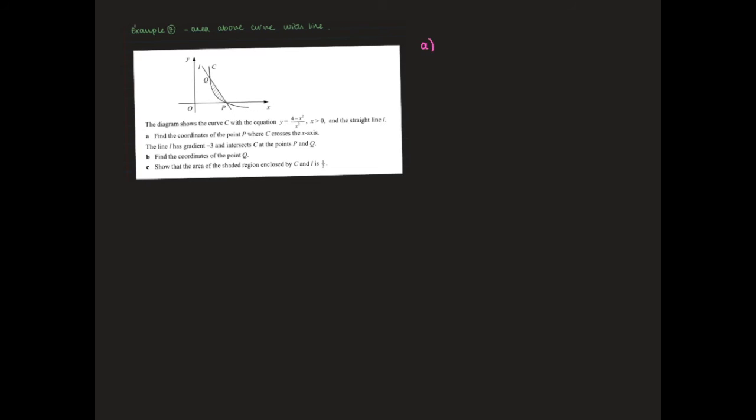I know it crosses the x-axis when y is equal to 0. And then I need to write in coordinate form because they've asked me for that.